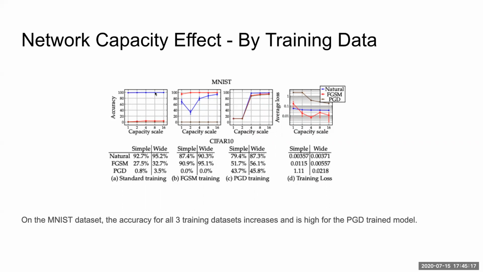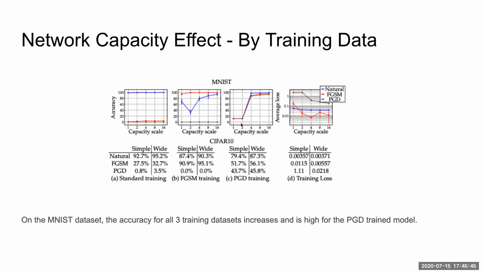Obviously, the blue line, which is the natural inputs, the model does very, very well, near 100% accuracy. But since we have no training on the inputs from the 2 adversarial attack approaches, FGSM and PGD, the accuracy is very low. The second and especially the third chart are more interesting.